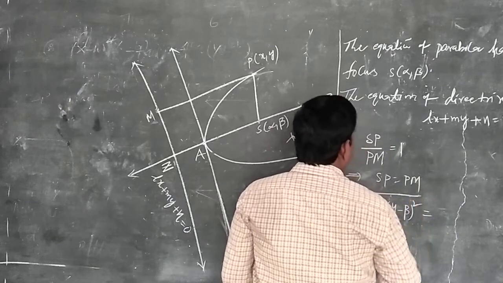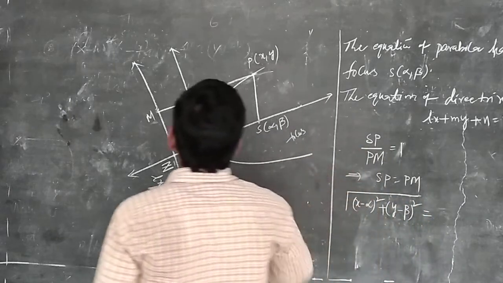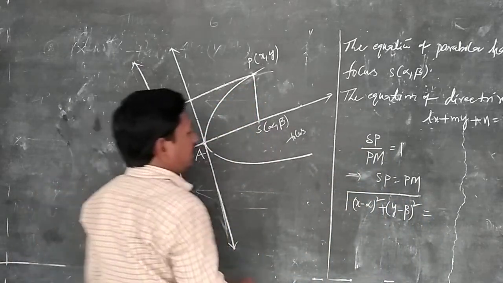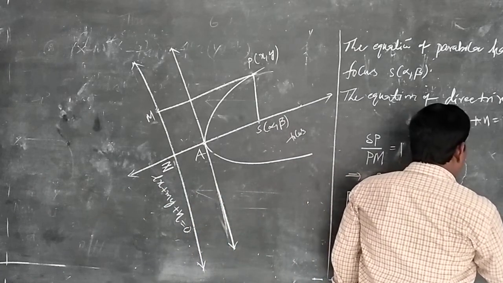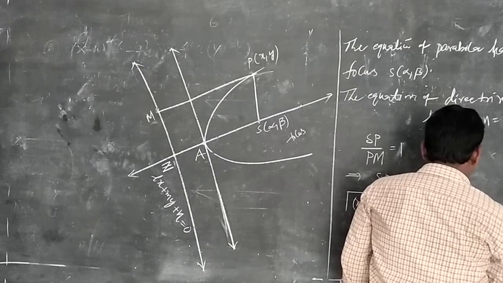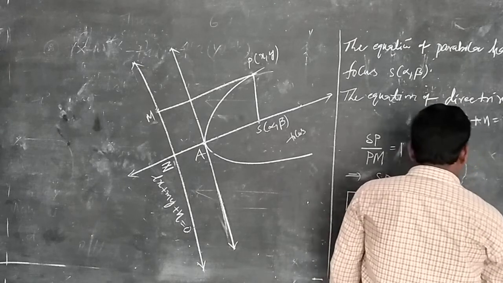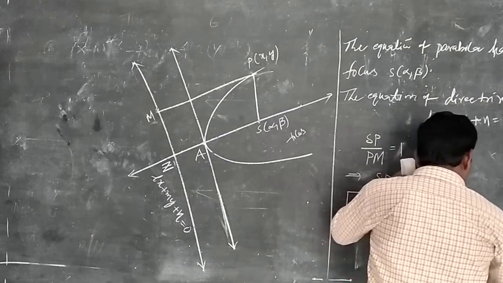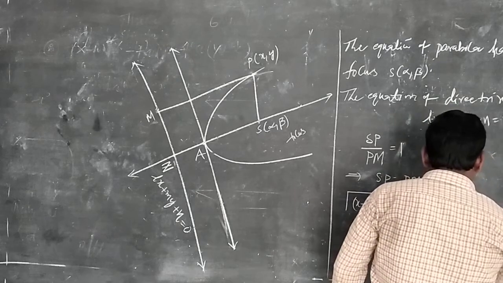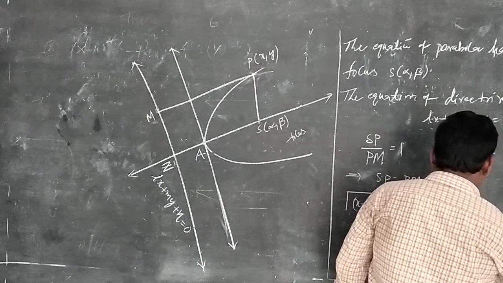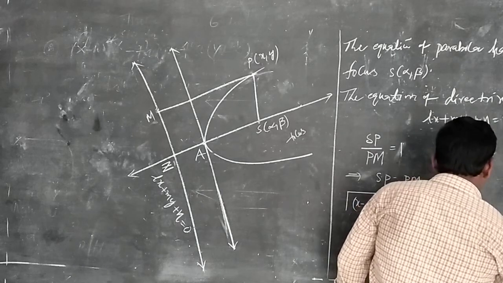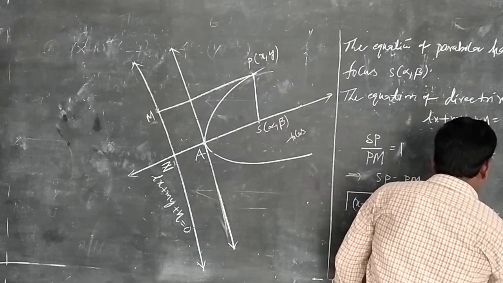PM means the perpendicular distance between P and M, that is Lx plus My plus N by root of L square plus M square.